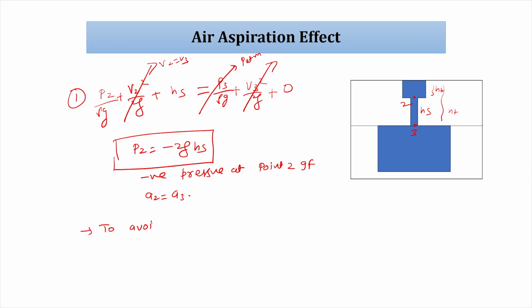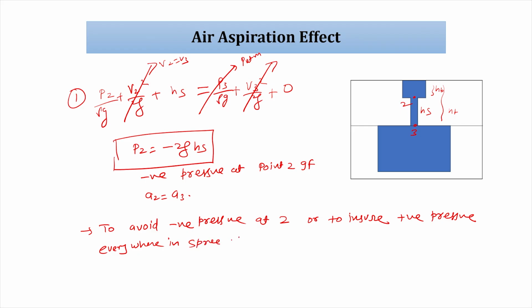To avoid negative pressure at 2, or to ensure positive pressure everywhere in a sprue or liquid column, a sprue should be tapered.